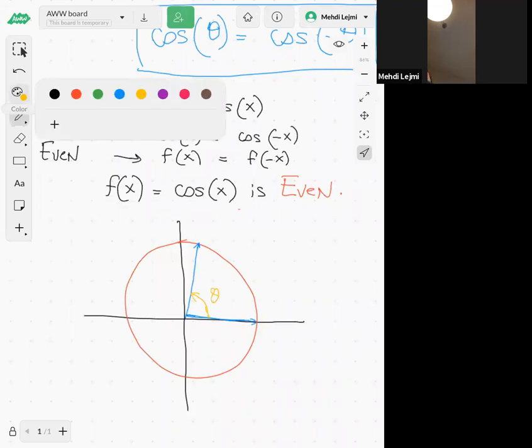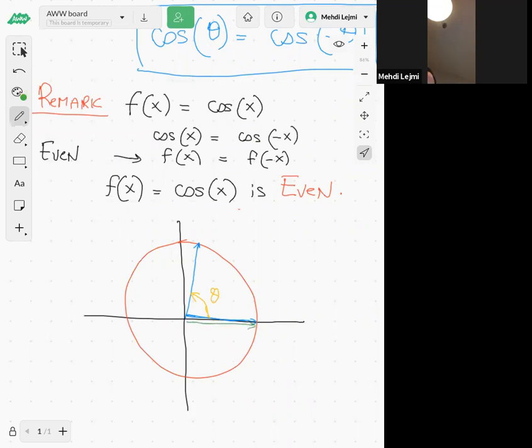Now I'm gonna do the same here, the same angle, but a different rotation. So I'm gonna go clockwise. My circle looks really bad, but okay, so this is a minus theta.